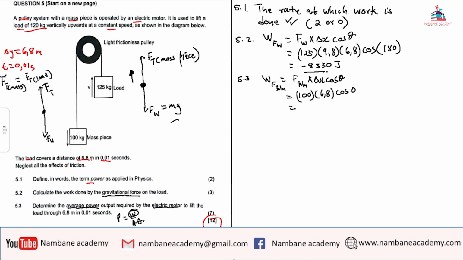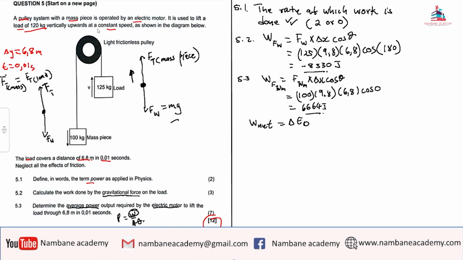I forgot to add another 9.8. Let's add 9.8 multiplied by 6.8 and then cos of 0, and this will give us something like 6664 joules. But we are not done yet. We also need to find work net, which is equal to change in EK.